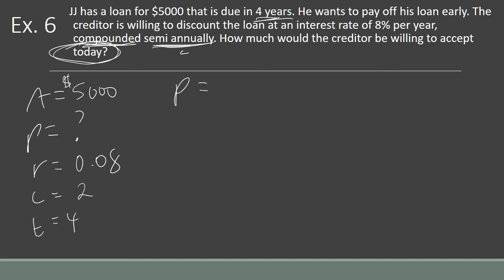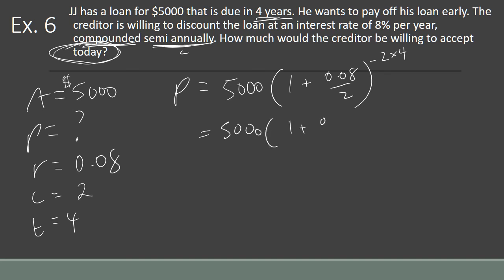Using our present value, P equals the A value, which is 5,000, 1 plus 0.08 divided by 2 to the negative 2 times 4. Do your exponent first, which gives you negative 8. Then enter that into your calculator just like you see it.